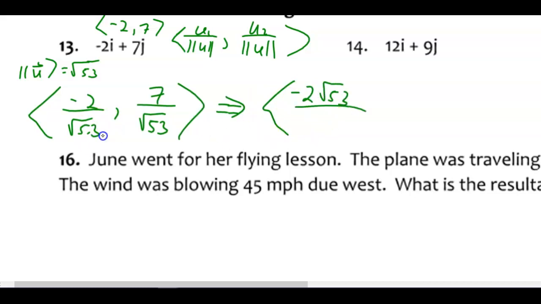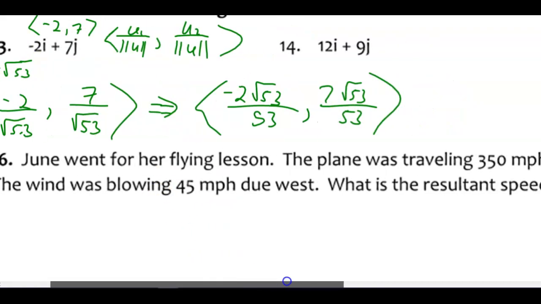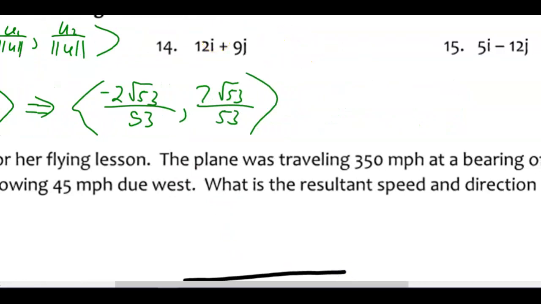And then you keep the number from the radical at the bottom. And there you go. That's our unit vector for 13. I took up way too much space.